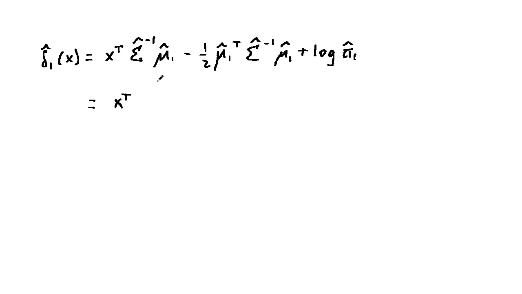If we multiply all of that out, we get (0, 10) minus 1/2 times this stuff here, which you can calculate to be 100 over 3, and pi 1 hat was 1/2.